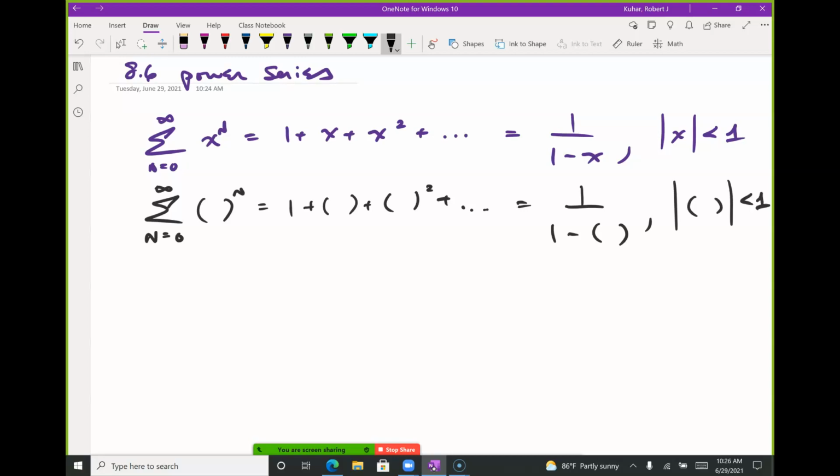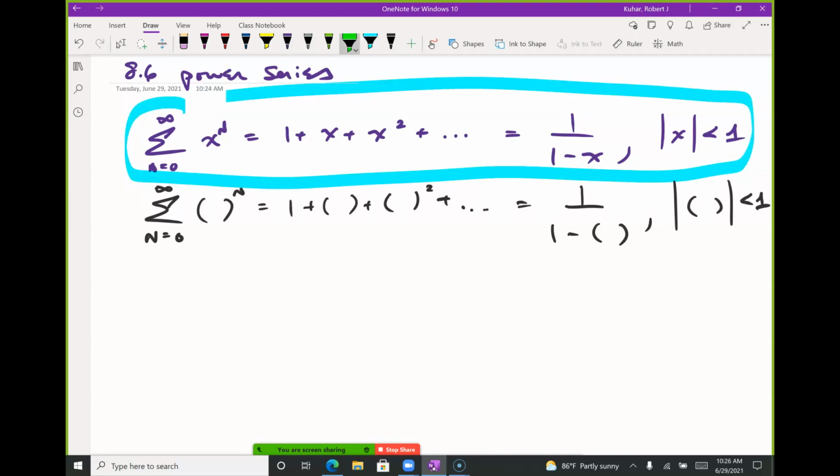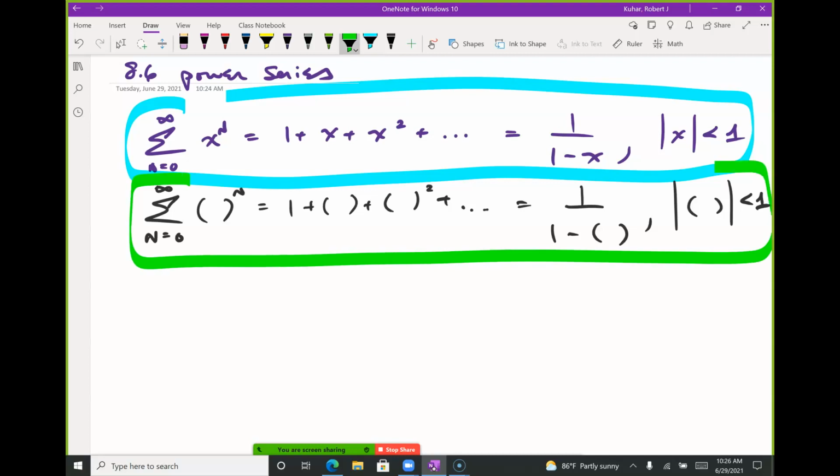And so what I have to do is figure out what I put into x, right? Figure out how I change my input, and then use the second box here. The blue box is my original one. The green box is how I'd like to create my new series. So I'm just comparing the two, right?